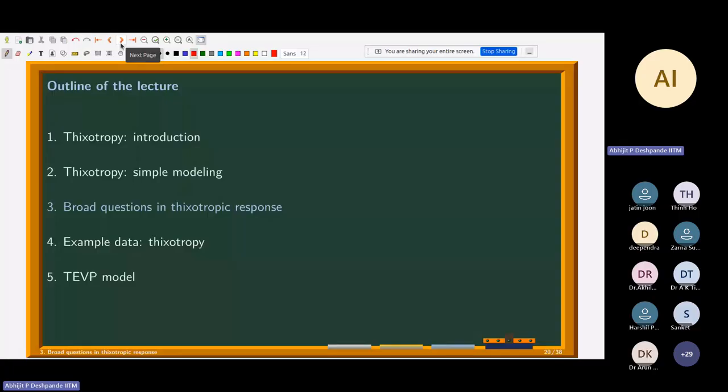Also, how do we distinguish between thixotropy and viscoelasticity and other features? Because sometimes the rheological signatures may be identical. So rather than looking at these broad questions now, I'll skip and maybe first show example data and the model itself. And towards the end, if there is some time, maybe I'll come back to some of these broader questions.